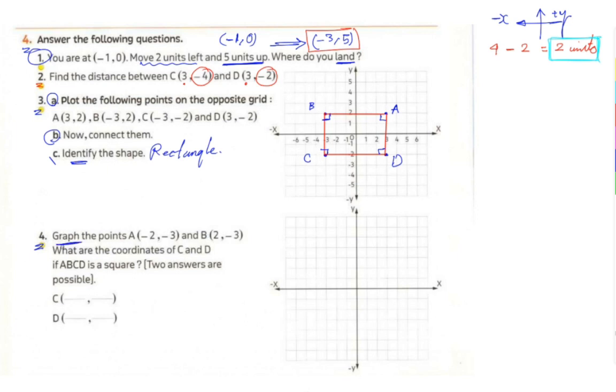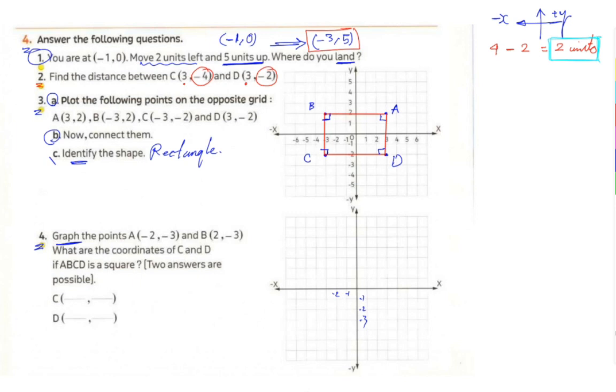Last, question 4. Graph the points A and B. First graph A, (-2, -3). Oh, I need to write these numbers. Negative 2 on x. Here we have negative 1 and negative 2, and on y negative 1, negative 2, negative 3.